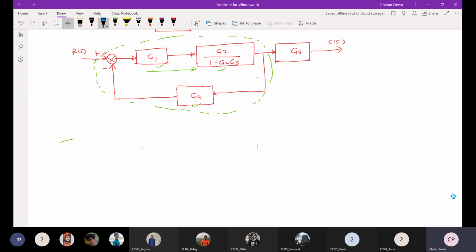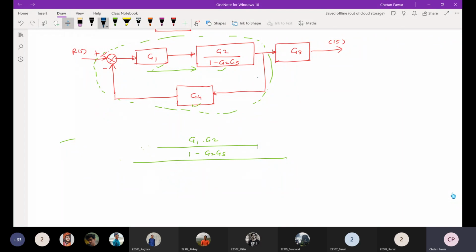So if I find out the reduced gain of this particular block, the forward path gain will be G1 into G2 divided by 1 minus G2 into G5.